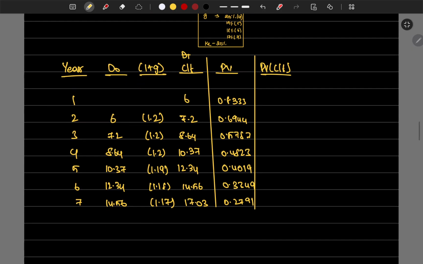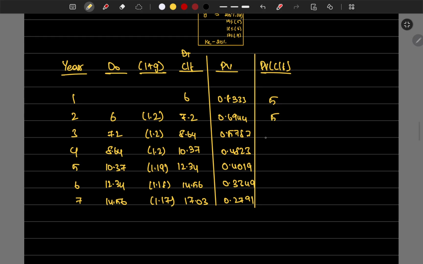So multiply: 6 into 0.833 is 5; 7.2 into 0.6944 is 4.99, so 5; 8.64 into 0.5787 is 4.99, so 5; 10.37 into 0.4823 is also 5; 12.34 into 0.4019 is 4.9596; 14.56 into 0.3349 is 4.88; 17.03 into 0.279 is 4.75.